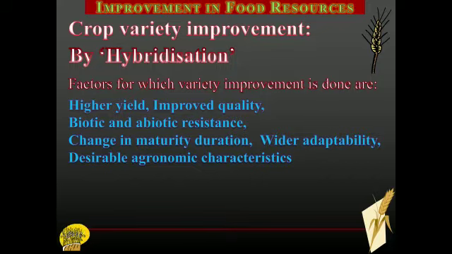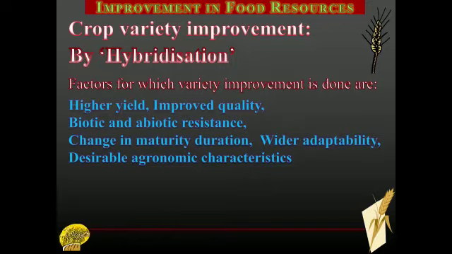Then how does maturity duration affect hybridization and its variety? See, if a plant takes 4 months to get completely mature, then a farmer will have 3 complete cycles in a year. 4 plus 4 plus 4 is 12. 12 months makes a year.